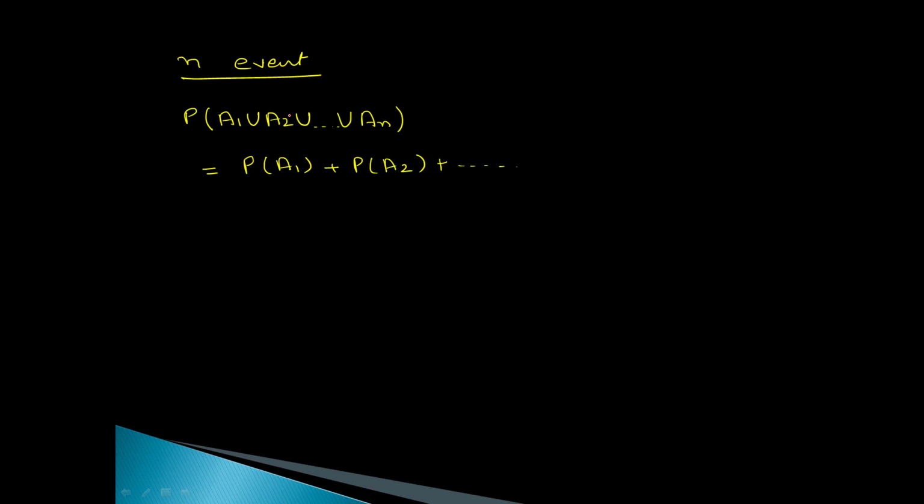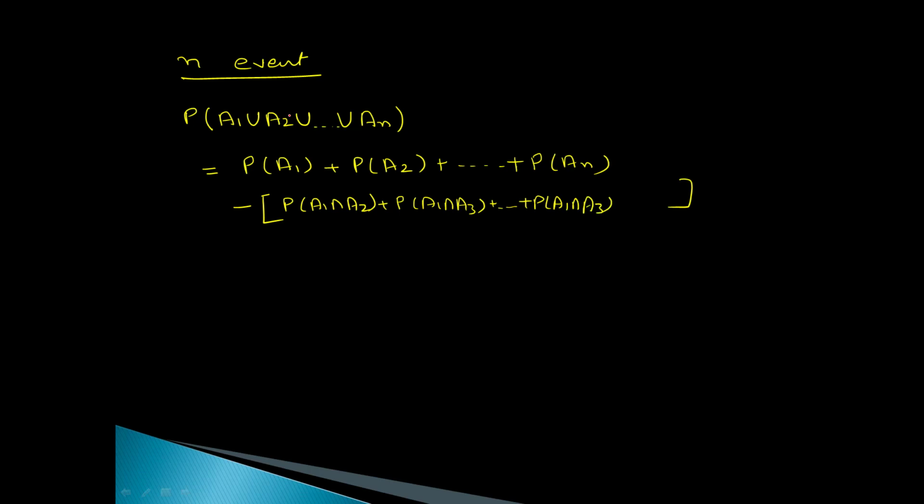It would not be easy to visualize it for more than 3 events, so we are extending the idea. Now we need to subtract all these pairwise probabilities. Pairwise means pairs of 2 events. So we can write A1 intersection A2, A1 intersection A3, and so on up to A1 intersection An.